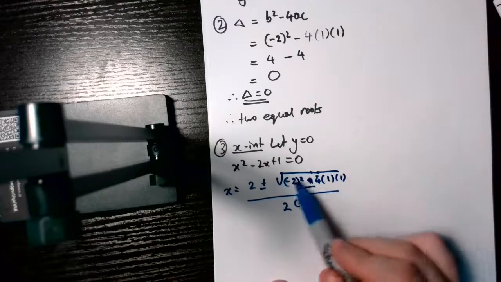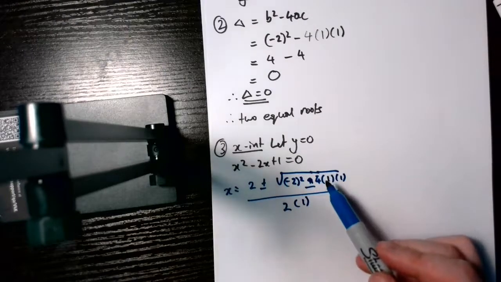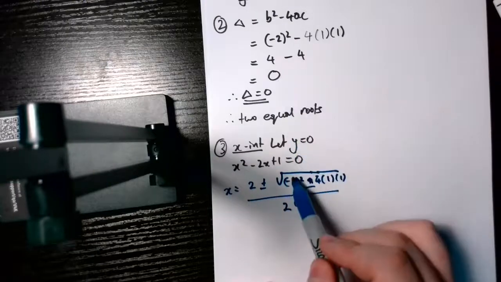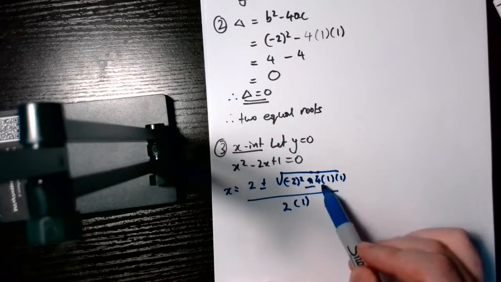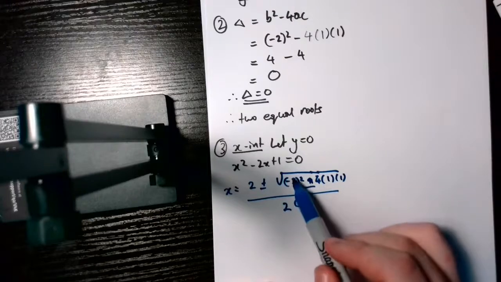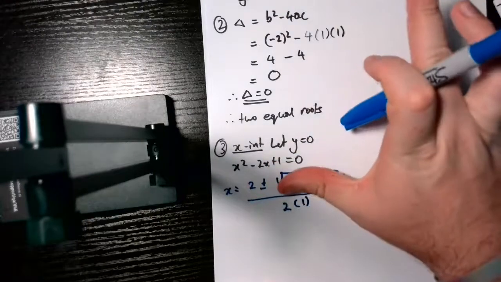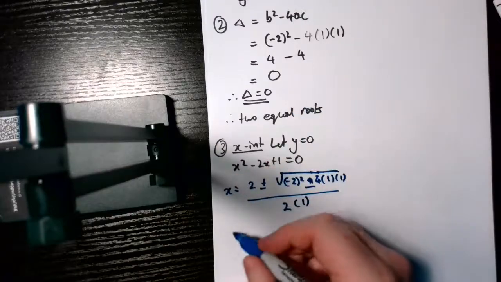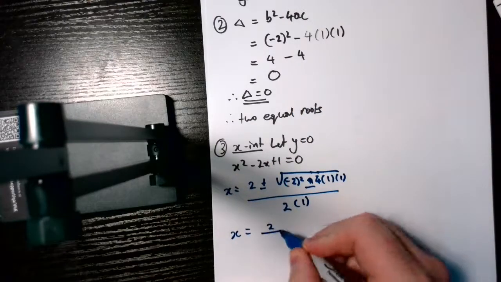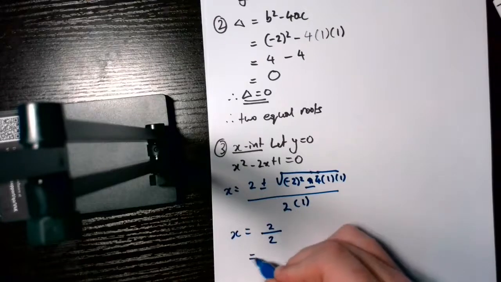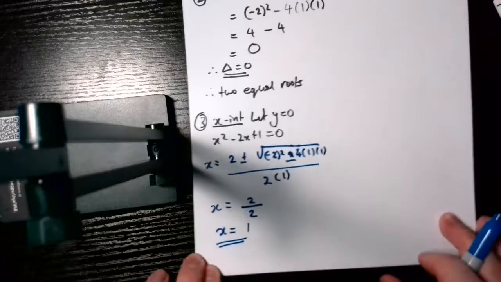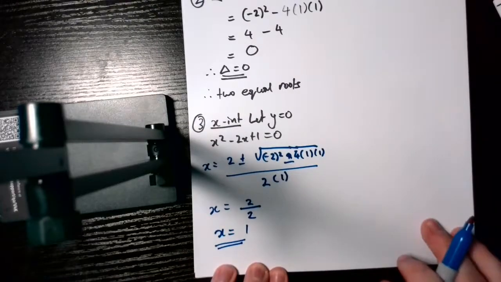We know what this is equal to, as we've already solved underneath the square root up here. We know this whole square root is equal to 0, so the whole thing just wipes out. So we only have to worry about these two things in our fraction. Therefore, we end up with x equal to 2 over 2 times 1, which is 2 over 2, which is equal to 1. So we have one x-intercept occurring at x equals 1.